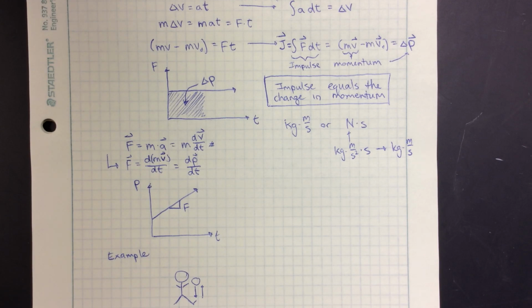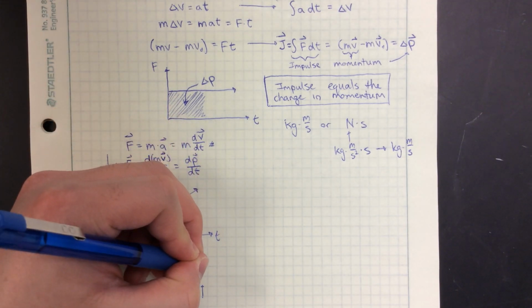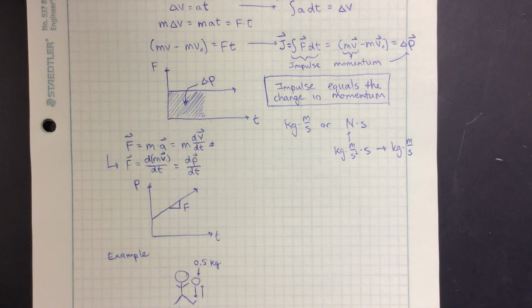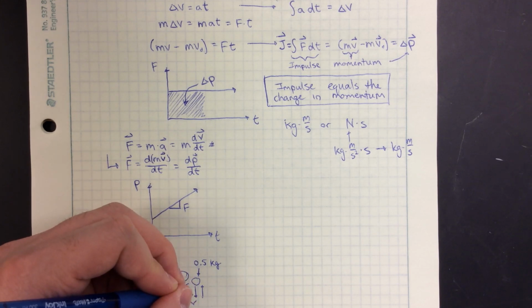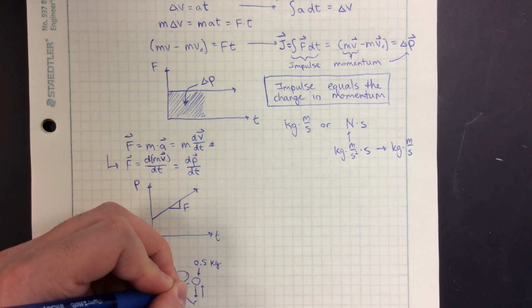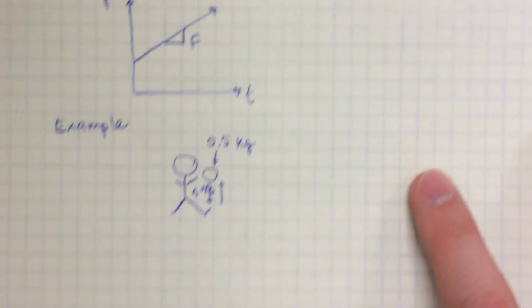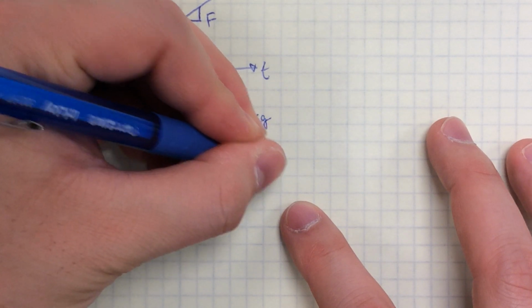Let's say the mass of the soccer ball is half a kilogram, kind of a heavy ball, like a pound. Let's say it's going downward at 5 meters per second. Sorry, I don't have much space here, so I'm going to zoom in a little bit. And then it gets kicked up, and now it's going upward at 5 meters per second.